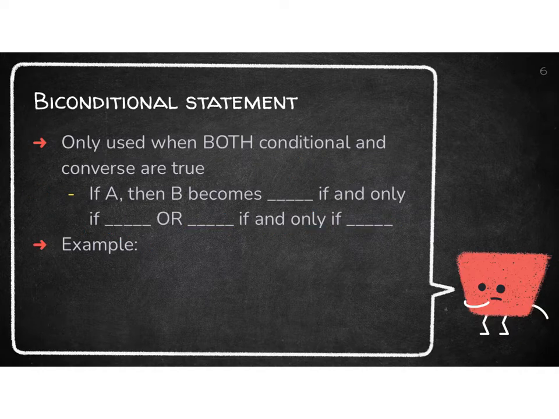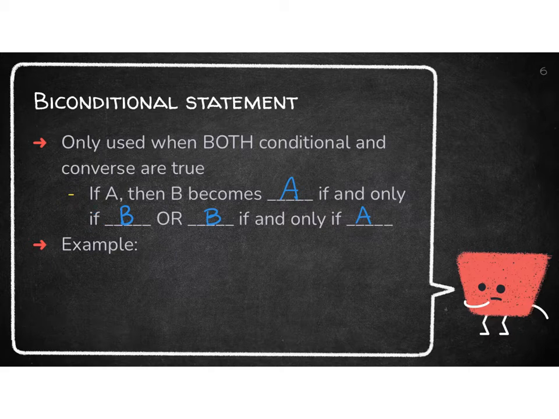Now we have biconditional statements. Those only work when both the conditional and the converse are true. So instead of saying if A then B, it becomes A if and only if B, or B if and only if A. We get rid of the if and the then and change it to if and only if.